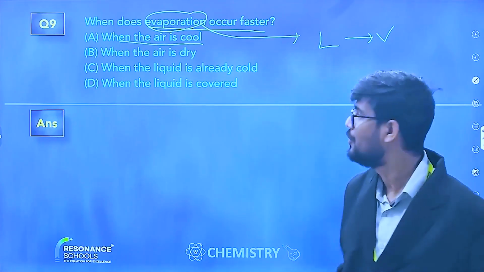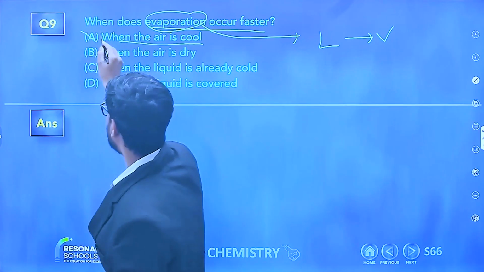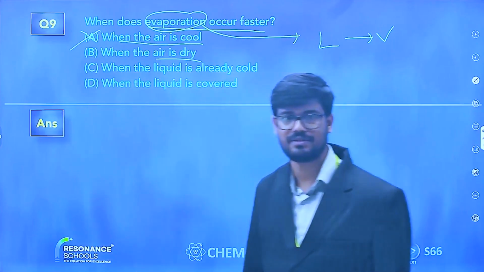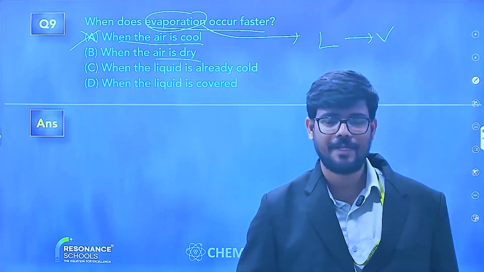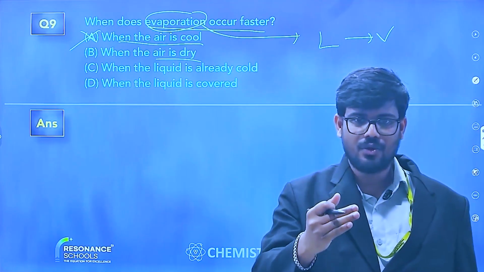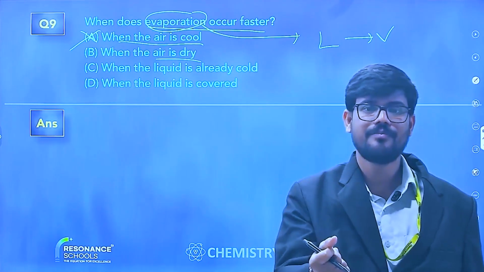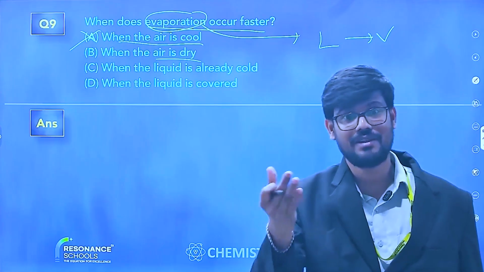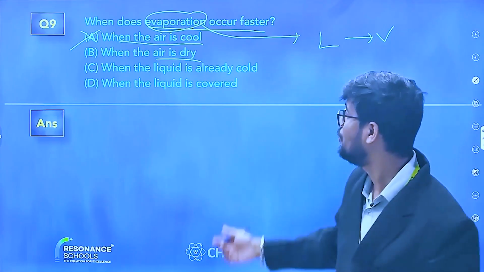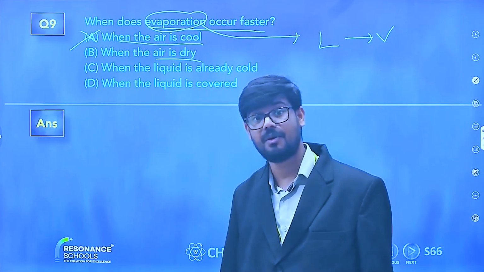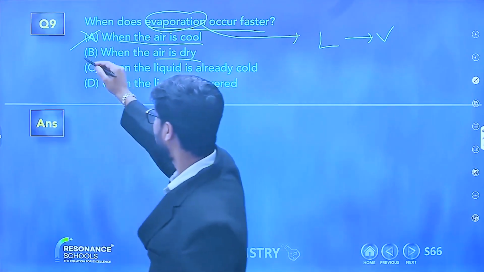No, so that's not the correct answer. When air is dry, yes. When air is dry, wet clothes will become dry very fast, right? So when air is dry, evaporation becomes faster. So this is the correct answer.